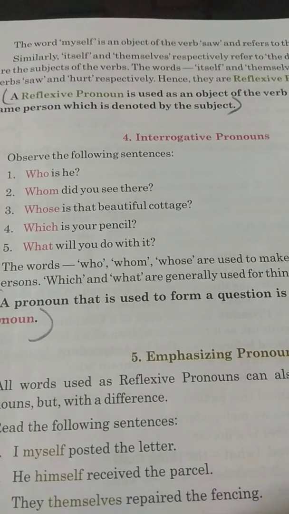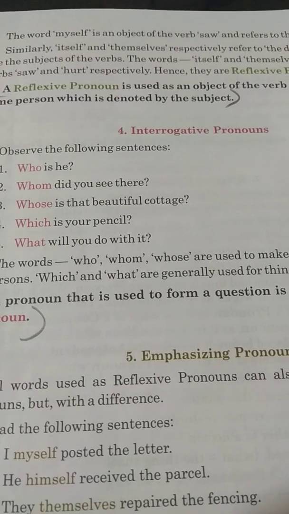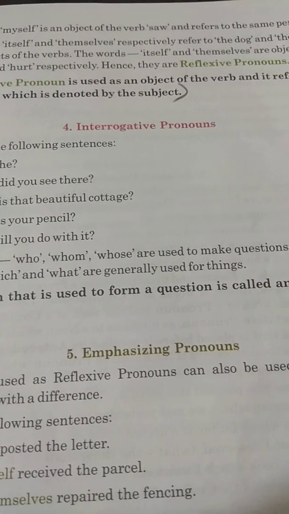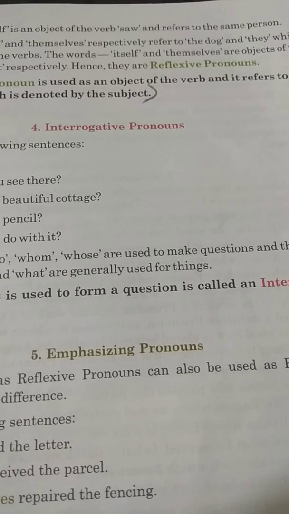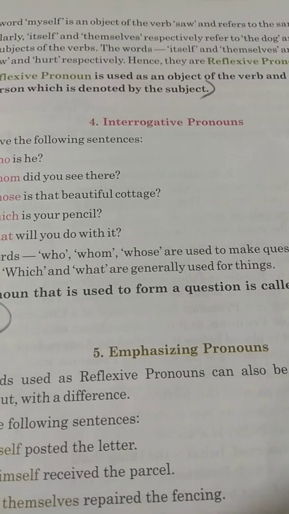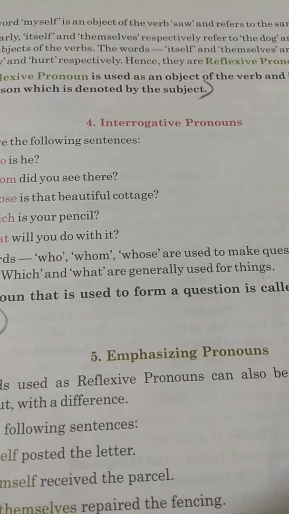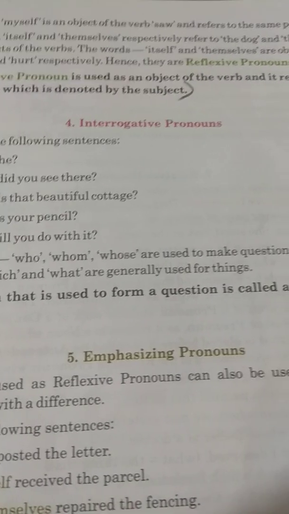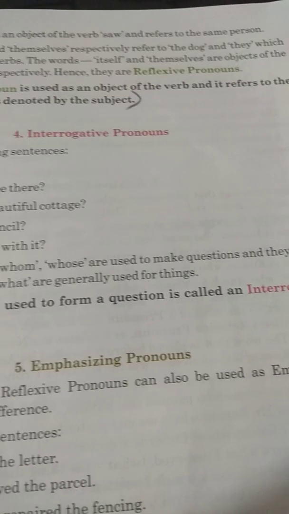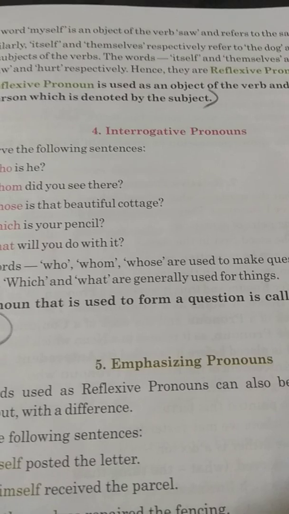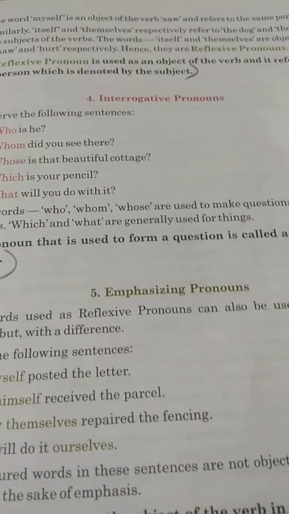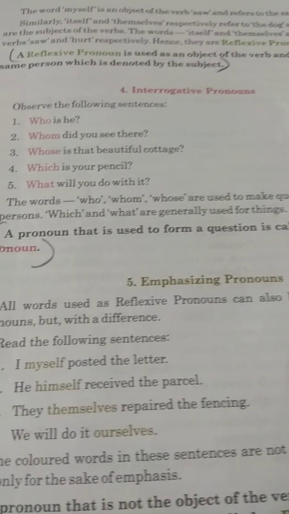Similarly, itself and themselves respectively refer to the dog and they, which are the subjects of the verbs. The words itself and themselves are objects of the verbs saw and hurt respectively, hence they are reflexive pronouns.